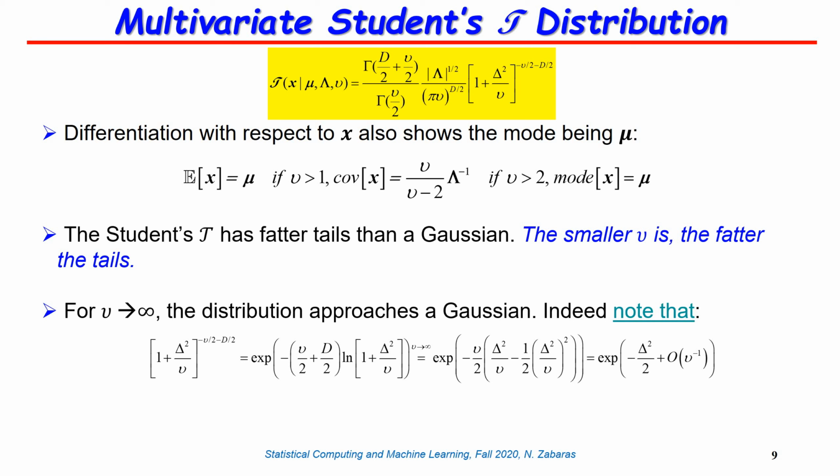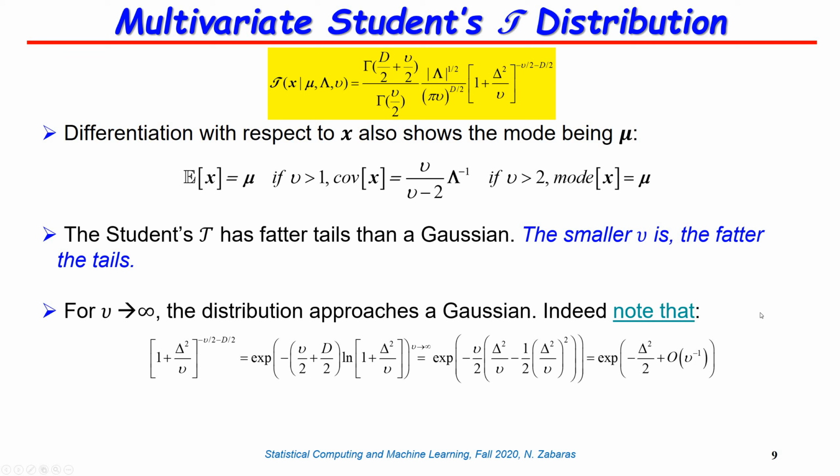It is the precision only asymptotically, because it turns out to be the precision of the multivariate Gaussian, but you can see here the covariance of x is not lambda inverse, it is lambda inverse times this coefficient. So do not confuse lambda with the precision of the multivariate student t, but you notice this coefficient becomes 1 when nu goes to infinity.